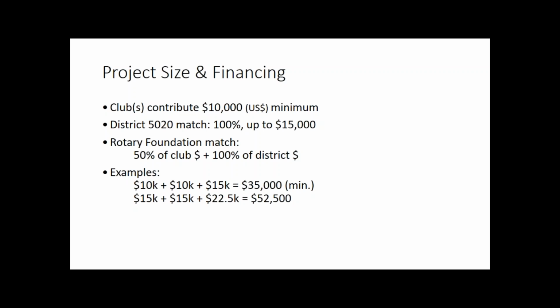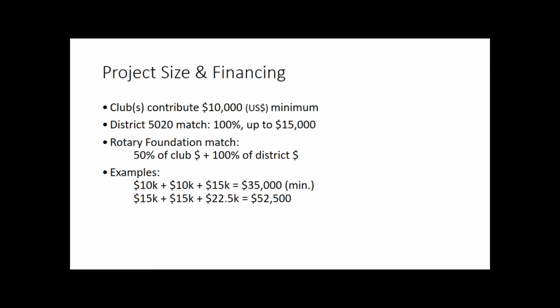The Rotary Foundation matches 50% of club money and 100% of district money. So the club at $10,000, the foundation will match 50%, right? So there's $10,000 of club money. There's $10,000 of DDF.